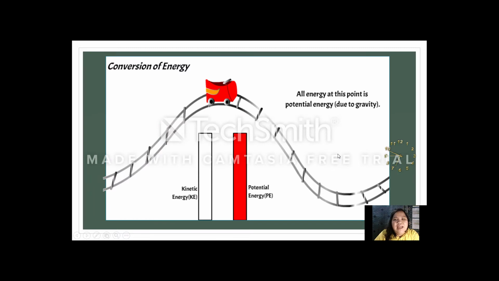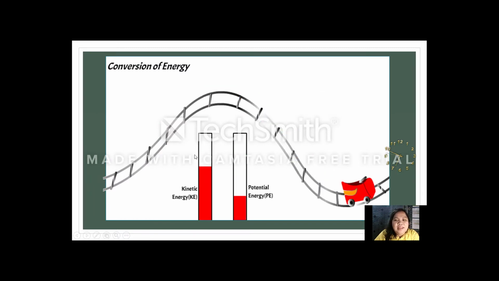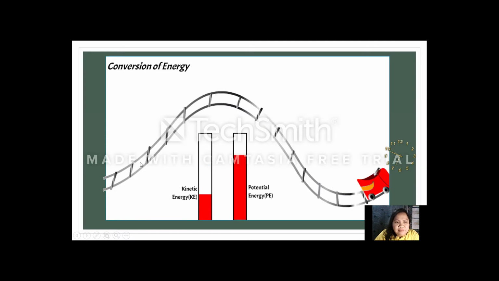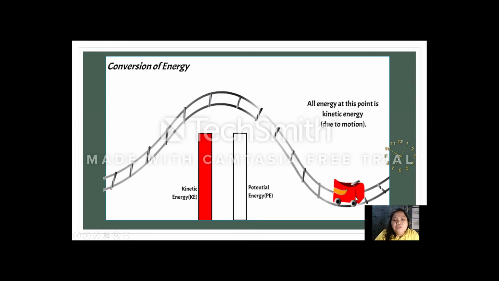Okay? So I have here another example. A cart moving up and down. So as it moves, it has kinetic energy. When it stops, it has potential energy. Okay? Potential energy due to gravity, kinetic energy due to motion.